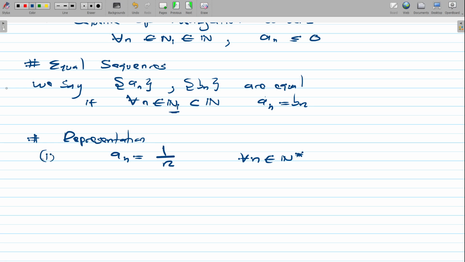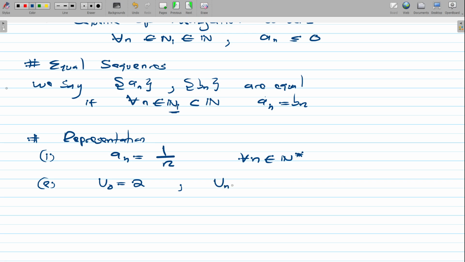Now this is what is known as the explicit definition of a sequence, where you're given the general term. Now another representation is you'll be given, let's say, some u0 equal to some starting number. Maybe let's just say 2 as an example. And then what will follow is going to be some recurrence relation that is going to help you find subsequent terms of the sequence.